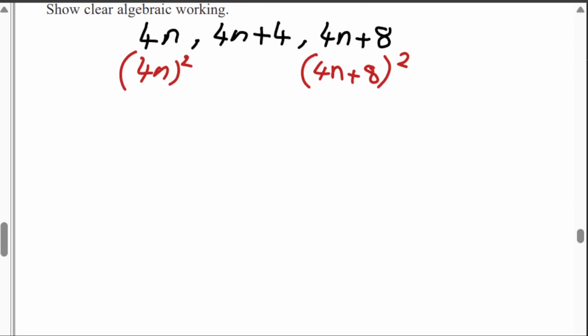So 4n all squared is 4 squared times n squared, which is 16n squared.